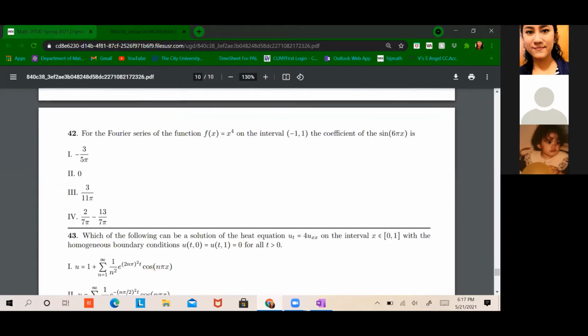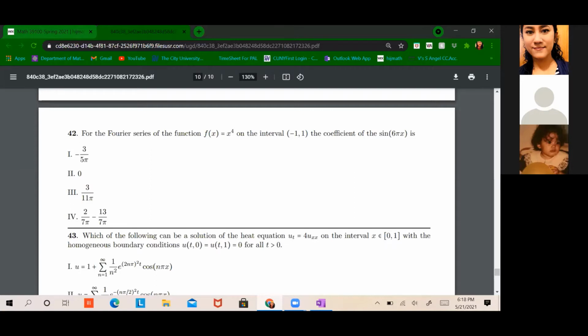For the Fourier series on the interval, the coefficient of sine 6x. So it's asking us to find the sine coefficient, which is bn, and this is an even function, so bn is automatically 0. But would you still want us to solve this? No, so you just have to justify why bn is 0.